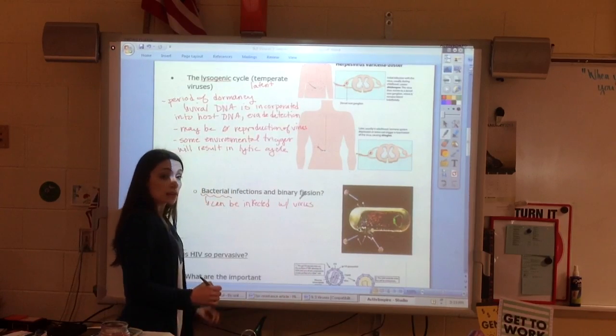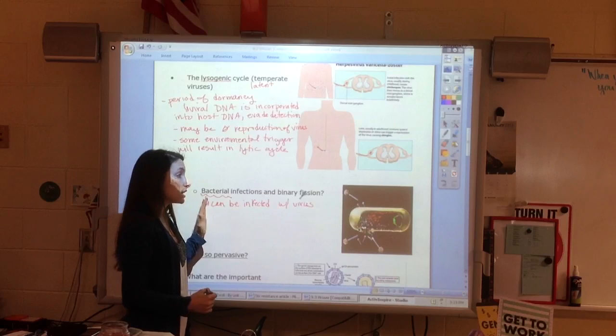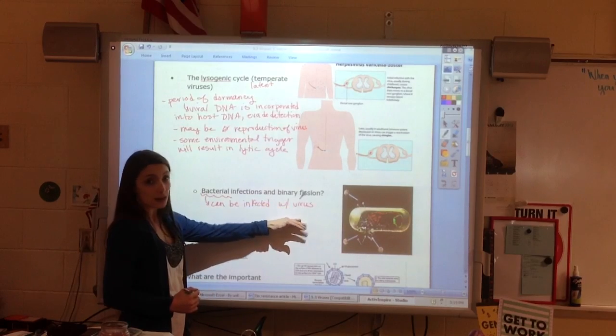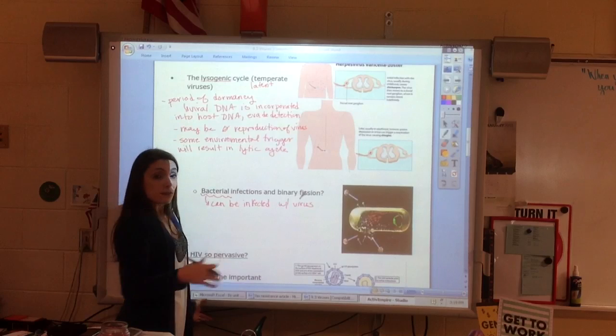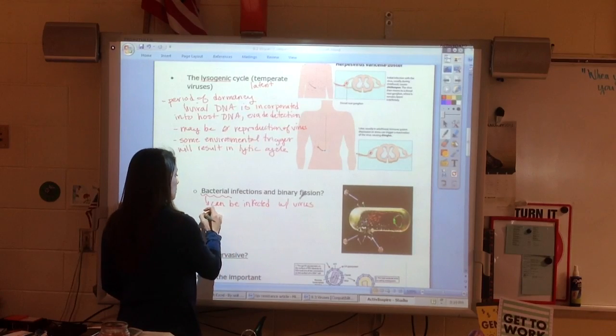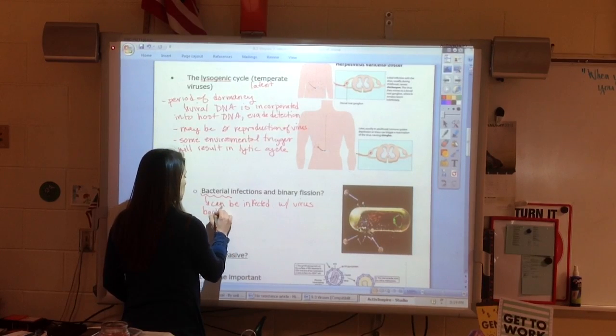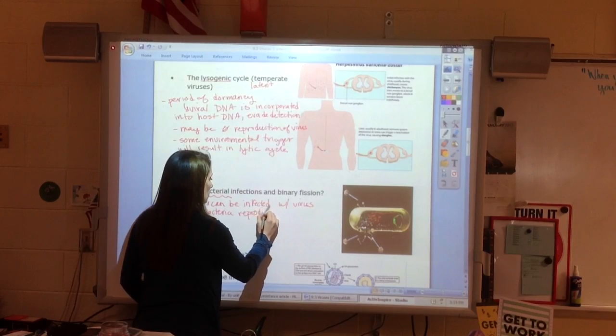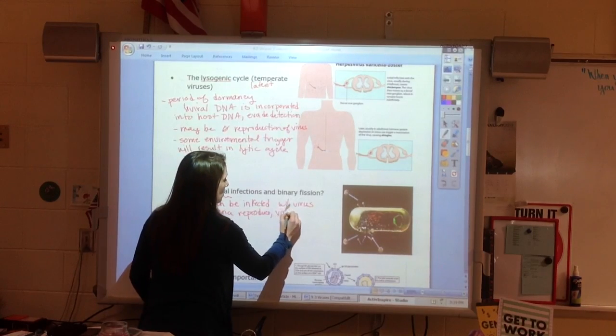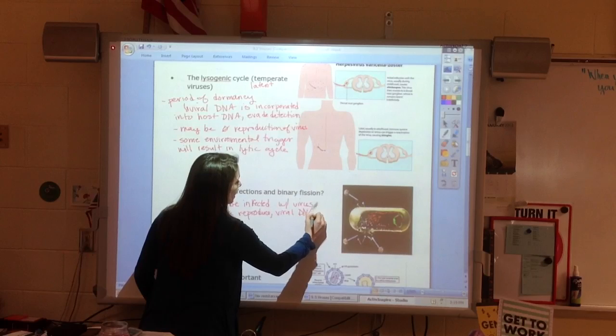And so we do see a really high frequency of bacteria being infected with viruses. And what this means is that every time the virus reproduces, the bacteria reproduces, the viral DNA is replicated as well.